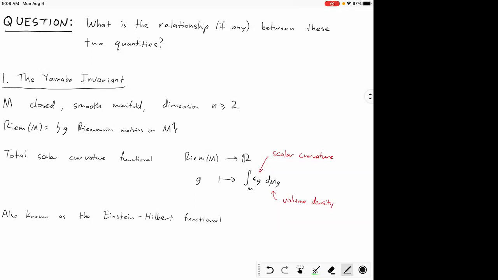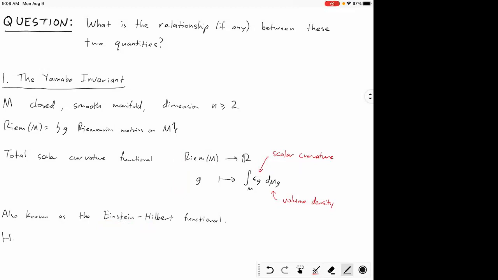So of course, this is a thing you can do. It makes sense mathematically, but why would you do it? Einstein and Hilbert were interested in this functional for physics reasons. So let me point out what those are.